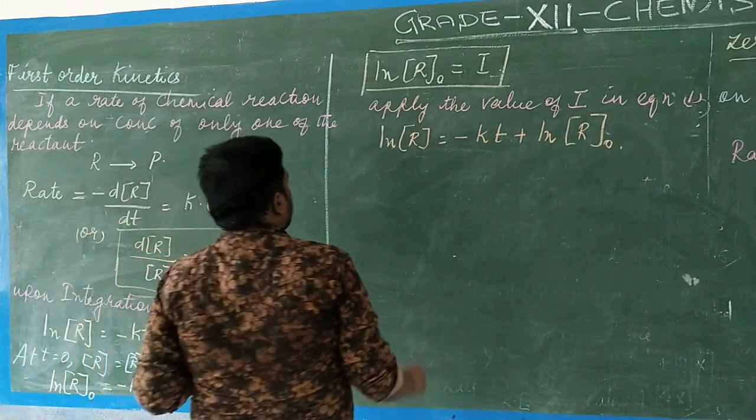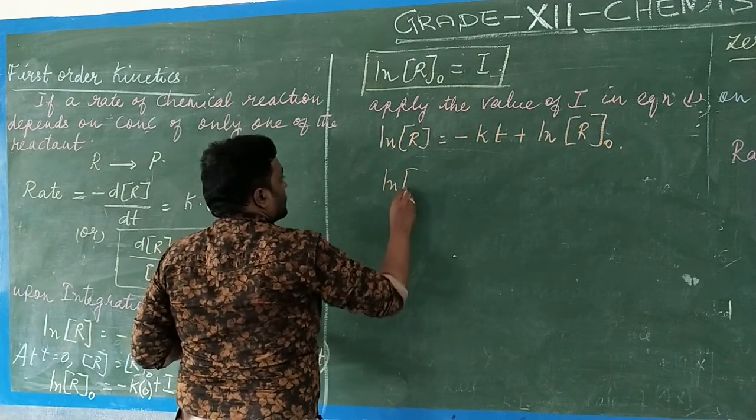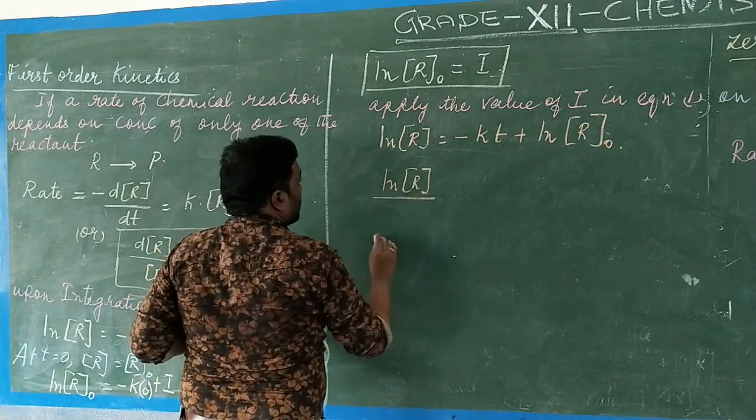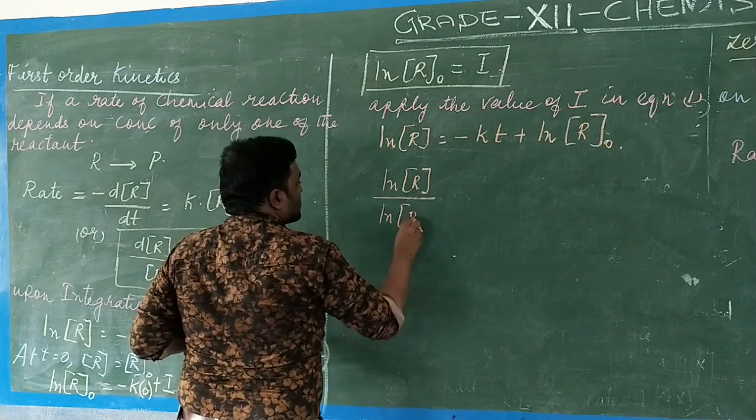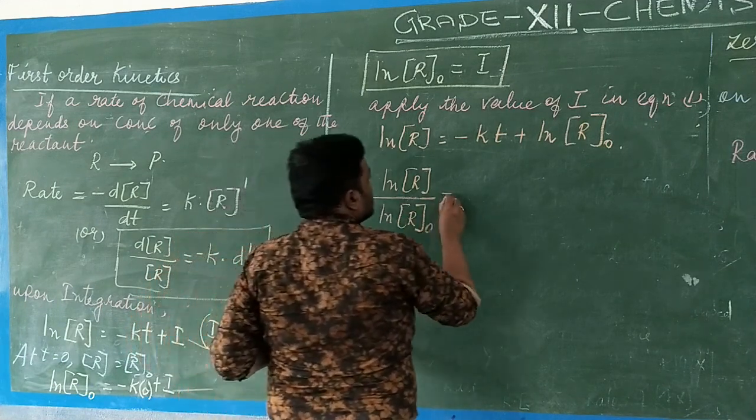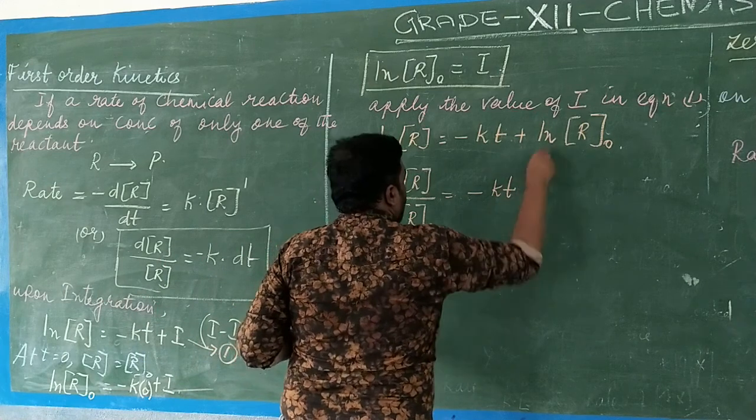Correct? Now next step, ln of concentration of R divided by ln of concentration of R naught is equal to minus KT. We can write it like that.